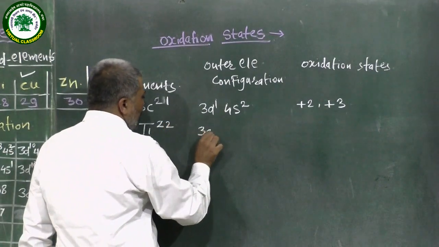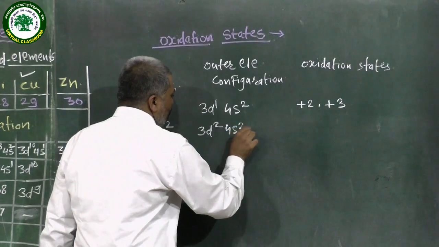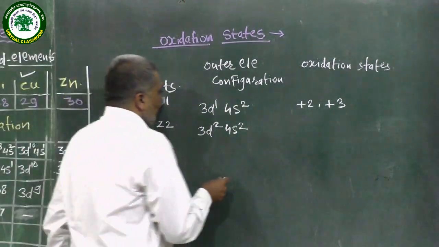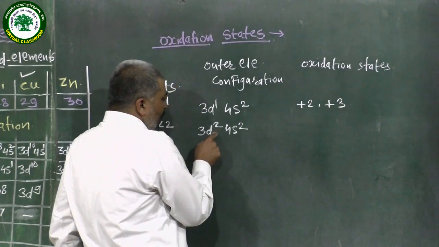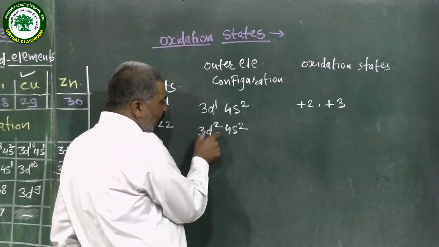Second, titanium, having atomic number 22. Electronic configuration is 3d2 4s2. Here the number of unpaired electrons in the 3d subshell is 2.